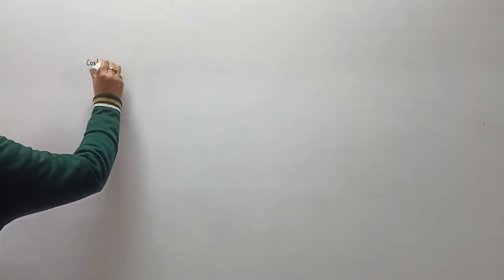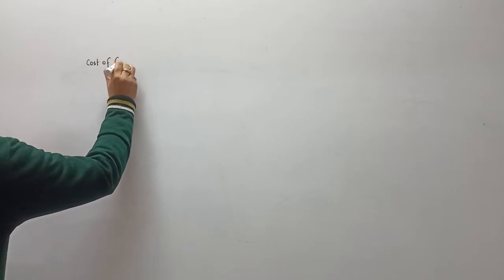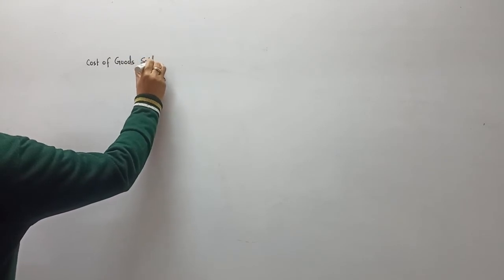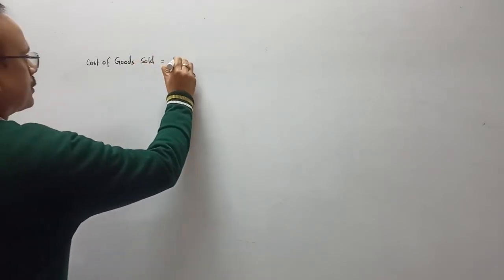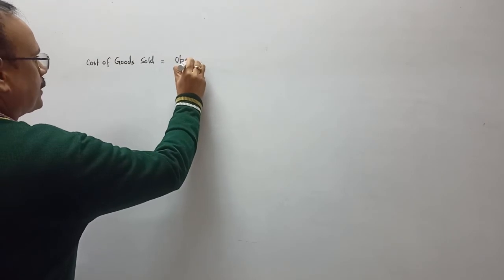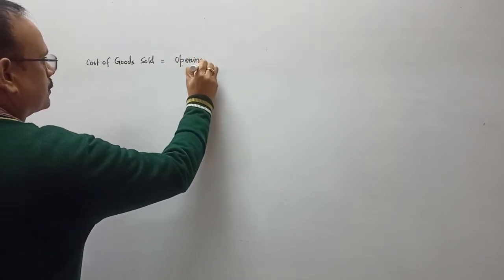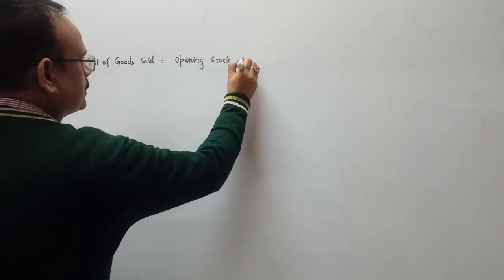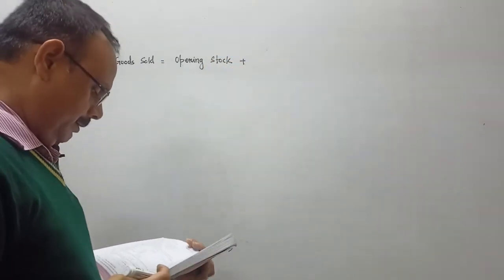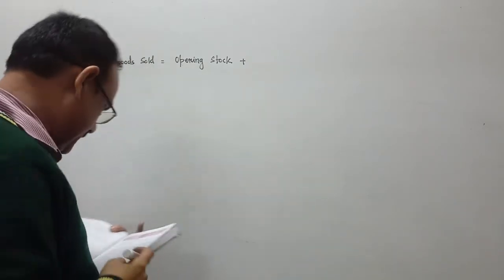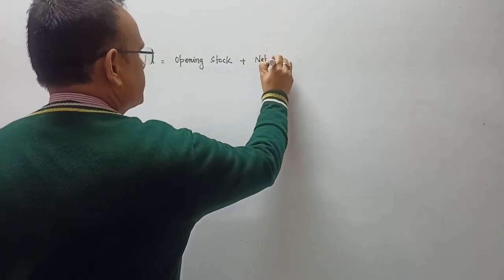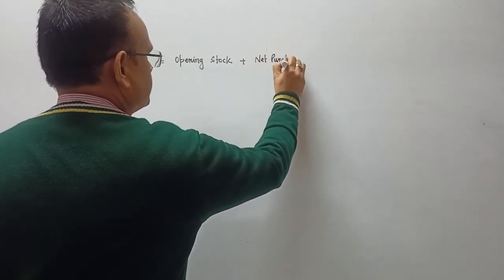Cost of goods sold is equal to opening stock plus net purchase. Net purchase is directly given in the question. Net purchase means purchase less purchase return.